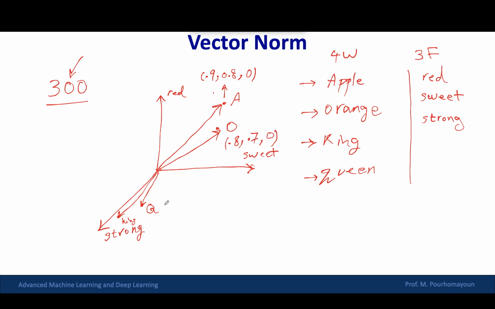Strong is 0. For the king, color is meaningless, so 0 here. Sweet, not really, so I give the value of like 0.1 here. Powerful, yes, it's very powerful, so 1 here. And same thing for queen, maybe let's say 0.2, and a little bit less powerful than king.